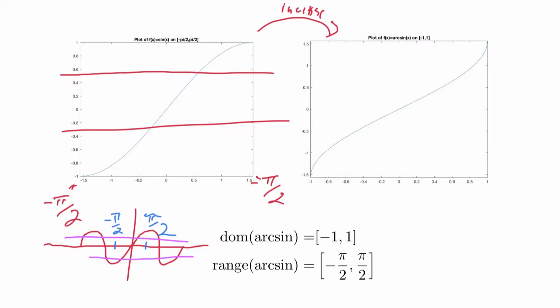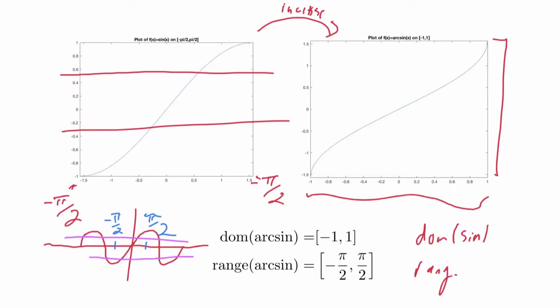The domain here is from minus 1 to 1, and the range is from negative pi over 2 to pi over 2. So you can see that the domain of arcsine is the range of sine. Right? The range of sine is minus 1 to 1.